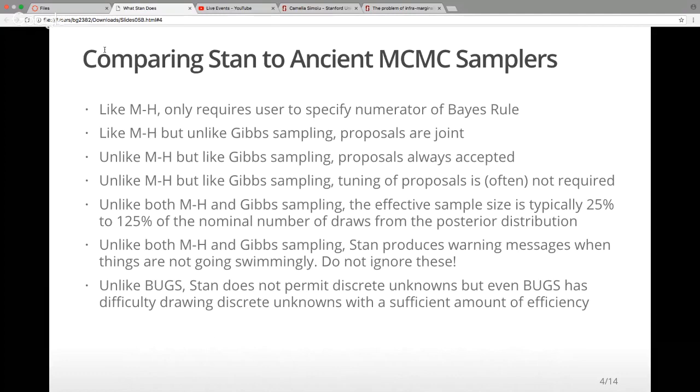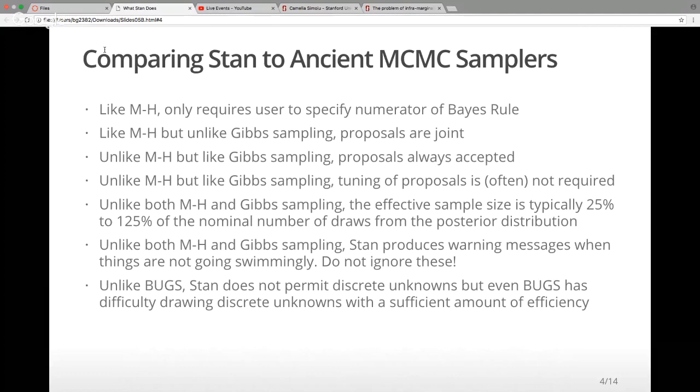There are some that are there, but Stan's auto-tuning mechanism will get you in the right place most of the time, or at least close. Unlike both of these, the effective sample size of Stan is pretty good. It's typically going to be at least 25%. It could actually be a little bit higher than the nominal number of draws from the posterior distribution.